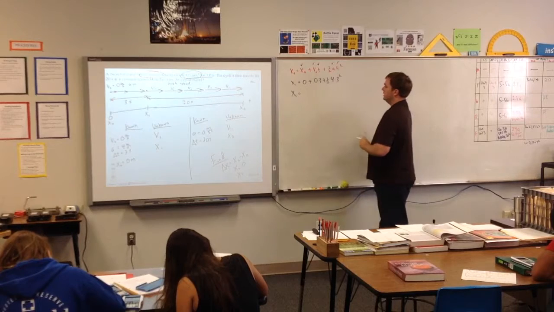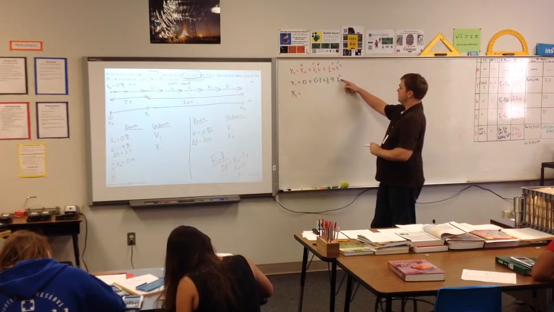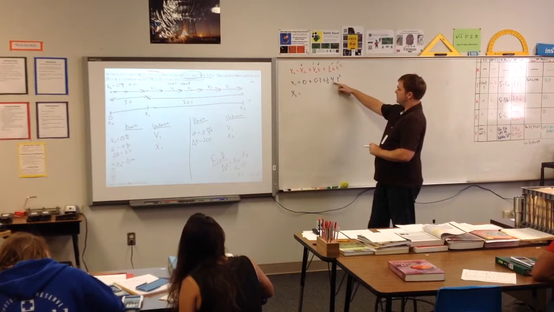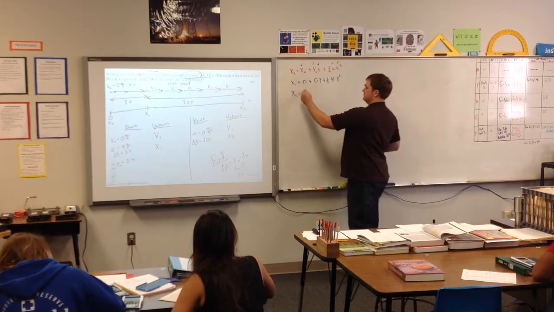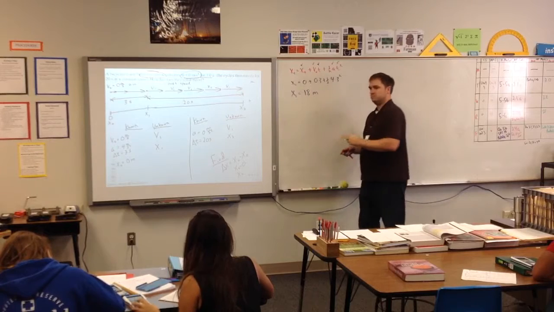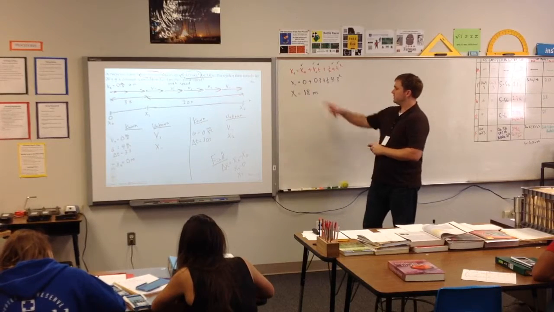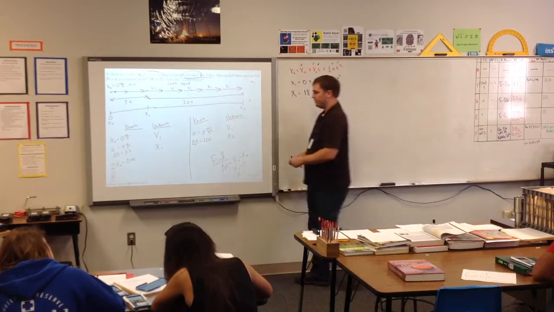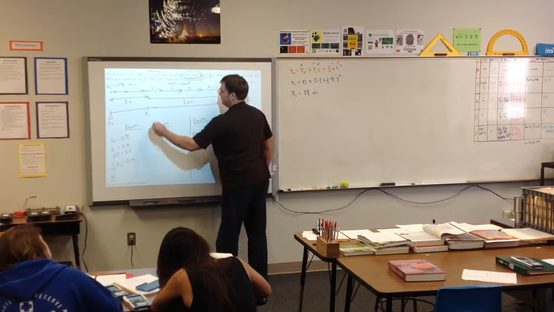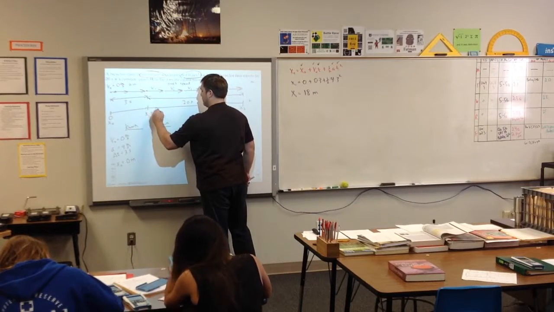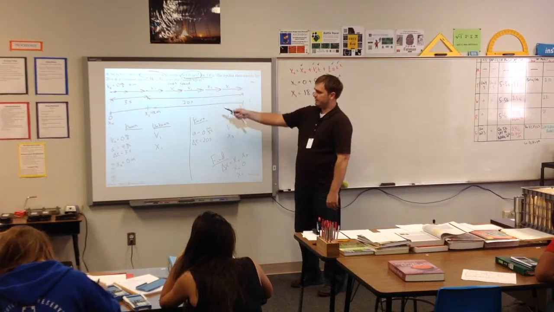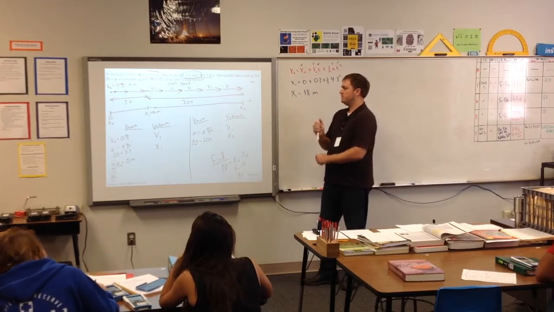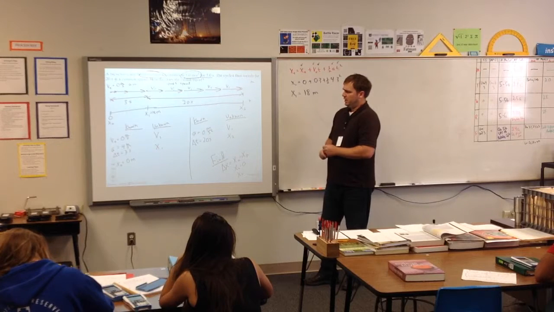So x1 is 9 times 2 is 18. So 18 meters. Okay, great. We've got a value here. That also kind of is going to give us an idea of what we should be expecting over here. All right, 18 meters.